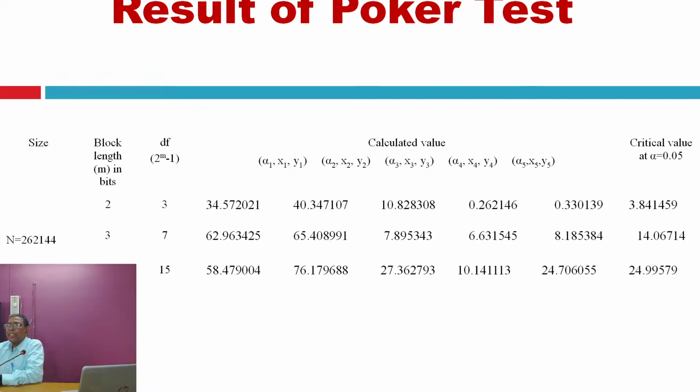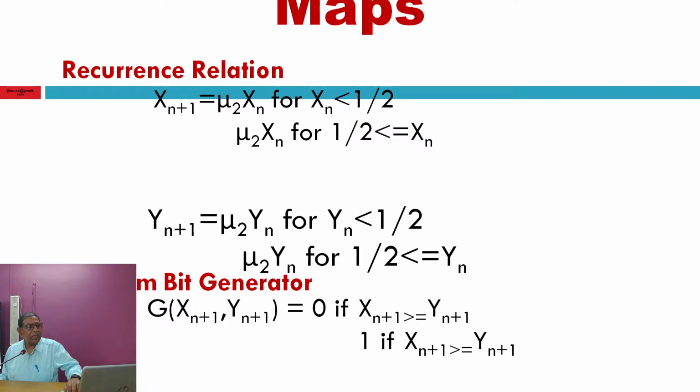So if your string is 16 bits, up to 8 bits, 50% of the length of the string, and for each case it should satisfy separately, then you can say that whatever random number you have generated, for whatever be the purpose, not only for neural computing, for any case, anywhere you use the random number, that random number will be truly random. So you go for these 3 tests and you get the random numbers.